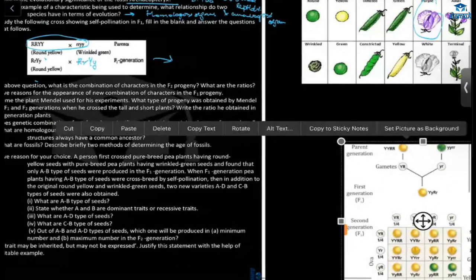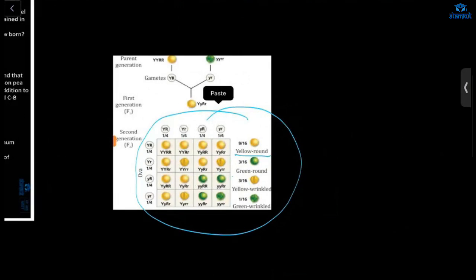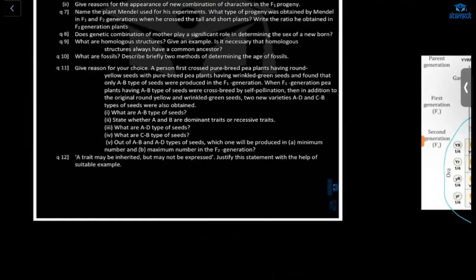Round yellow is dominant, and wrinkled green is recessive. Both are crossed. What are we getting? We are getting round yellow. And again, both are crossed, round yellow and round yellow. What combination will we be getting? We will have yellow round, yellow wrinkled, green round and green wrinkled. So the ratio will be 9:3:3:1. What is the next question?